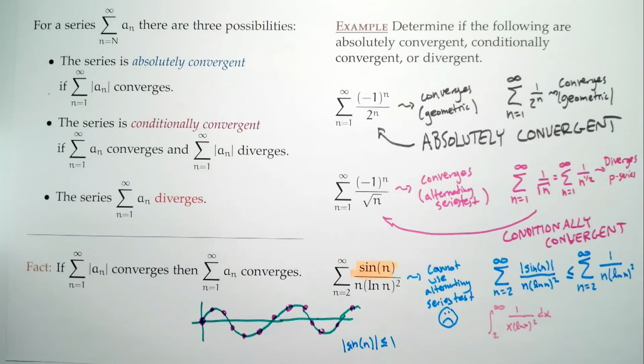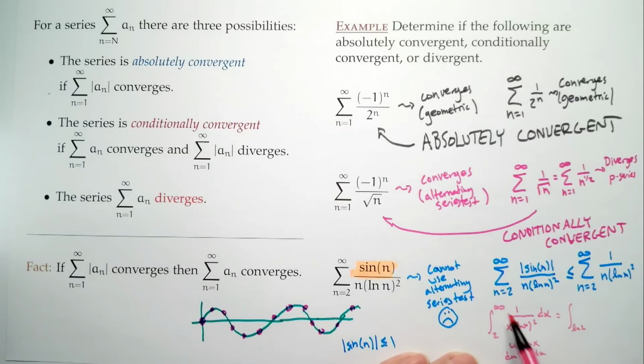Which, by the way, the integral test at this point is almost always going to look like something like that. All right. Now, if we do a little quick substitution, u equals log of x, du equals 1 over x dx, then lo and behold, this becomes the integral from log 2.